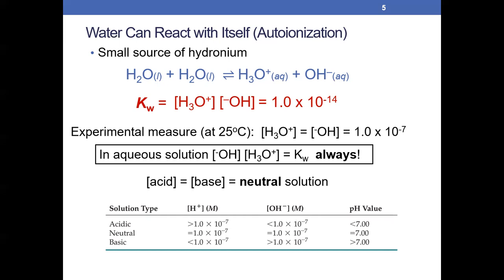It's easier to look at a whole number value and determine whether we are acidic or basic. We define anything below 7 as acidic and anything above 7 as basic on that pH scale. We all okay with these concepts? So we need to talk about how we calculate pH, which we'll do in just a second.